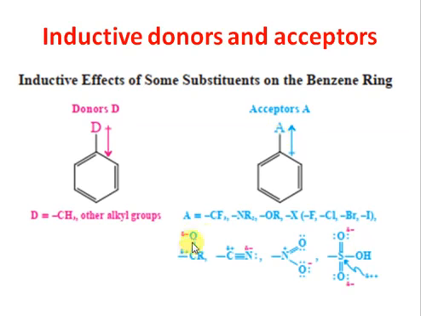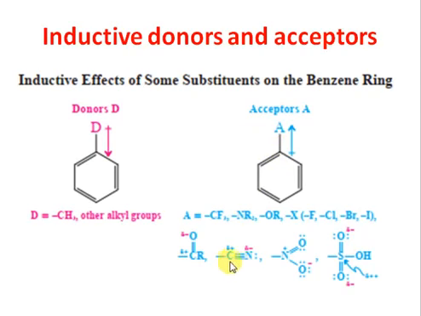Also, if you have a polarizable atom such as in a carbonyl system, you know a carbonyl is like this. The carbonyl carbon is partially positive and the oxygen is partially negative. So if you have a positively polarized atom directly attached to the carbon of the benzene ring, it can withdraw electronic density.